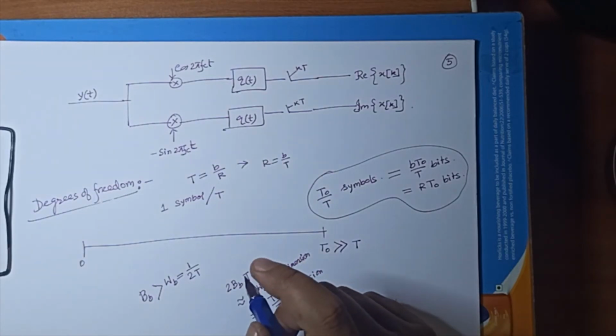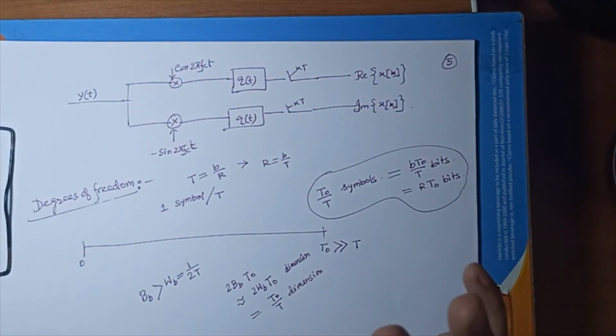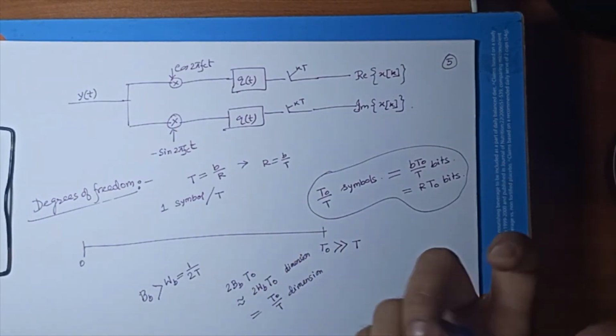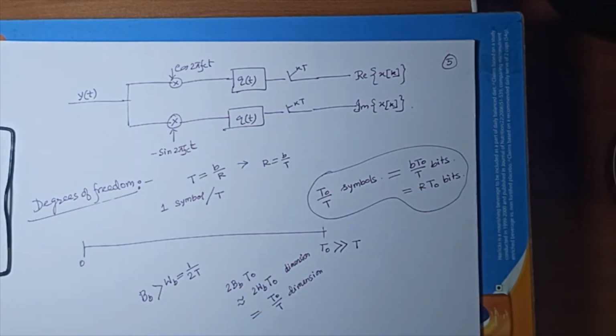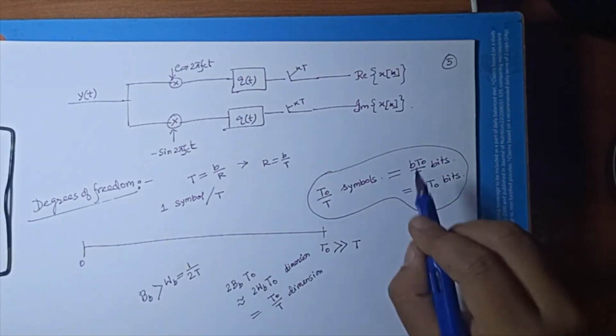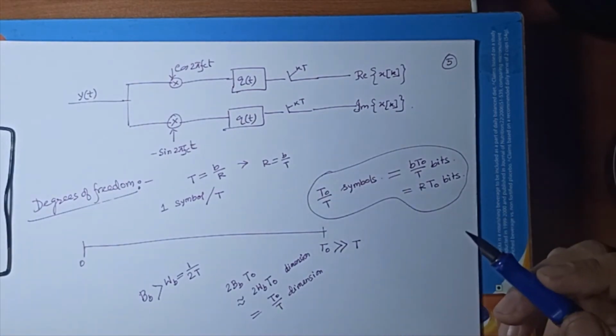But over there you have the complex symbol, your constellation map is complex, so you get the same kind of waveform. So even with this simple technique of PAM or QAM, you are basically achieving the limit of degrees of freedom. So the total degrees of freedom which is possible is T0 by T, and you are achieving exactly that.